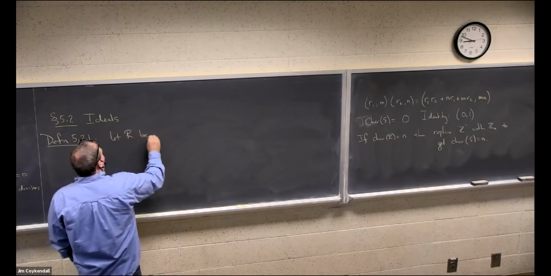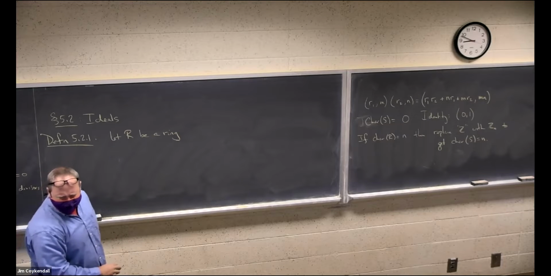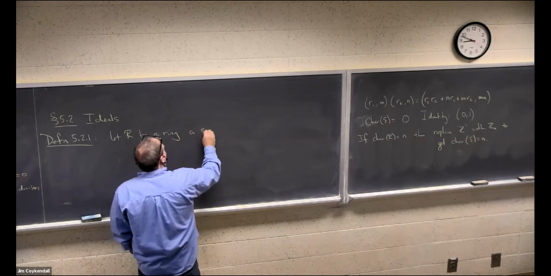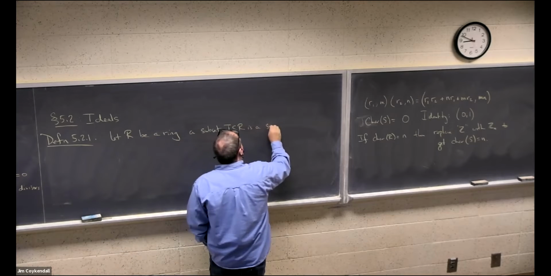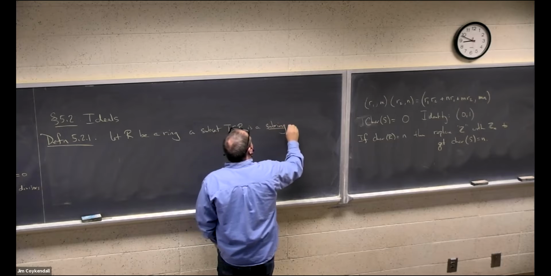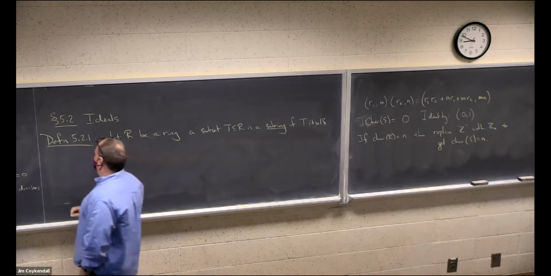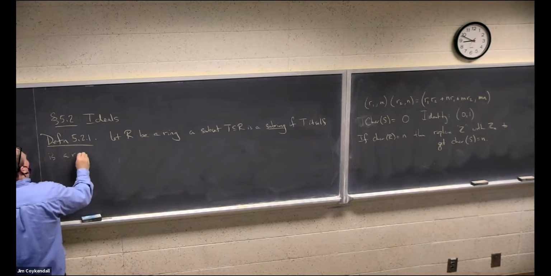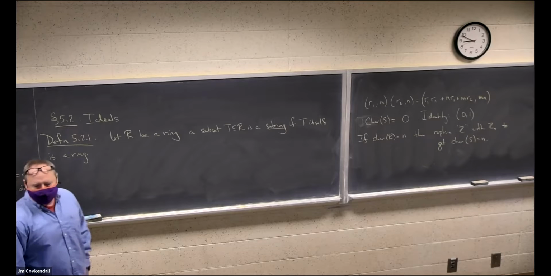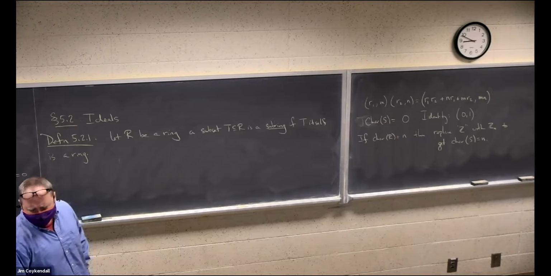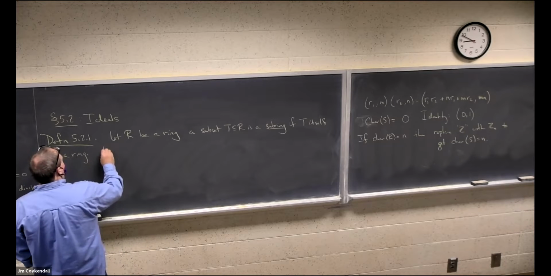What are the analogs in a ring? A subset in R is a subring. Again, let me say that oftentimes if you have a ring with identity, the subring is expected to have an identity, share the identity with R. But here I'm going to use the looser definition.